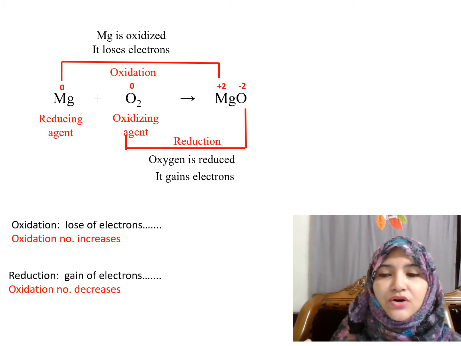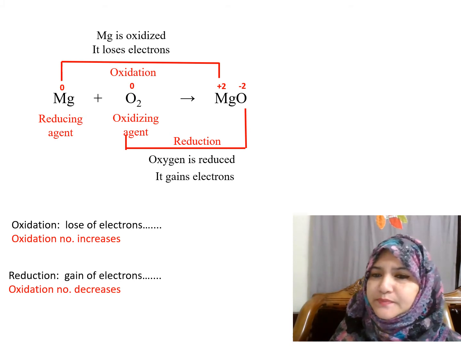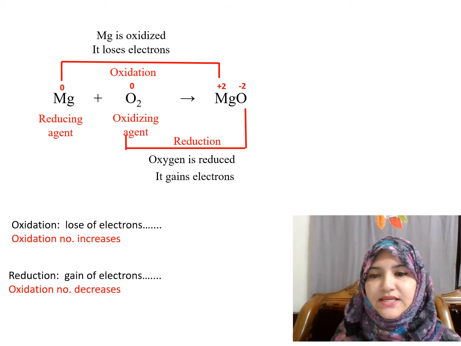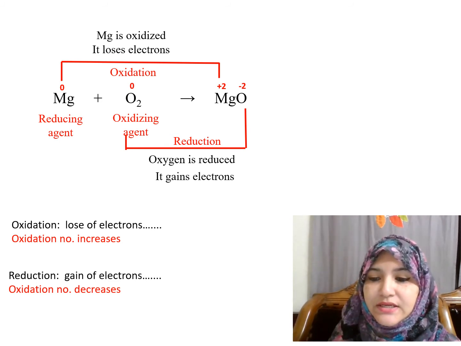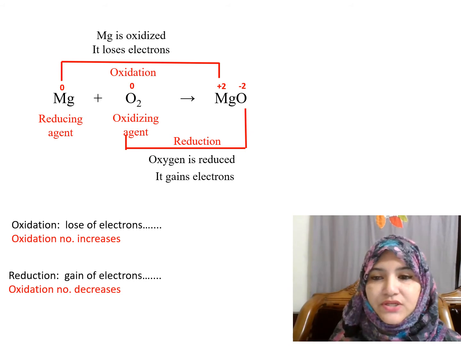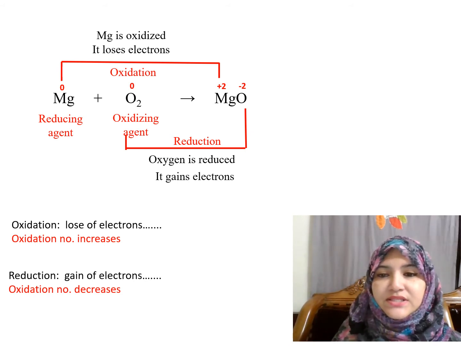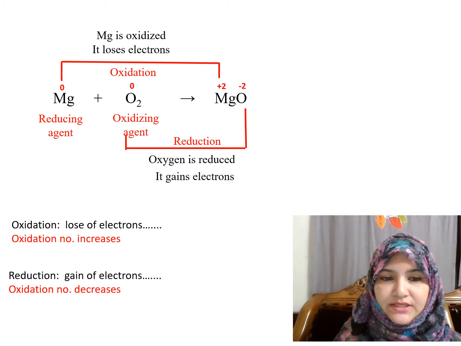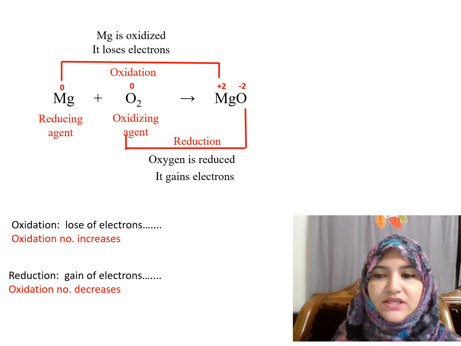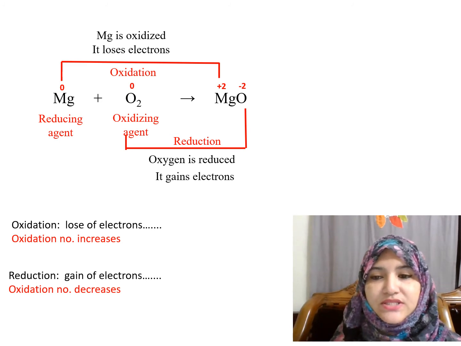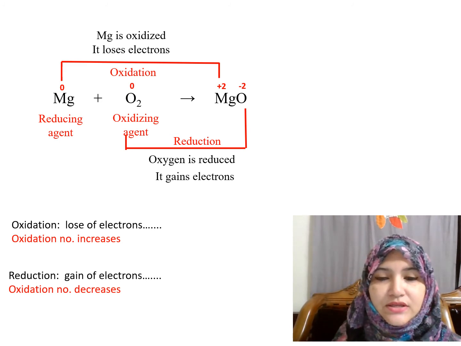Oxidizing agents are called so because they will cause the other substance to be oxidized but are themselves reduced. Here magnesium is the reducing agent. Non-metals like oxygen and fluorine are oxidizing agents because they cause another substance to be oxidized, and here oxygen is the oxidizing agent.